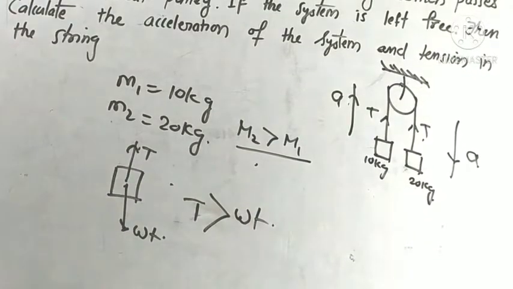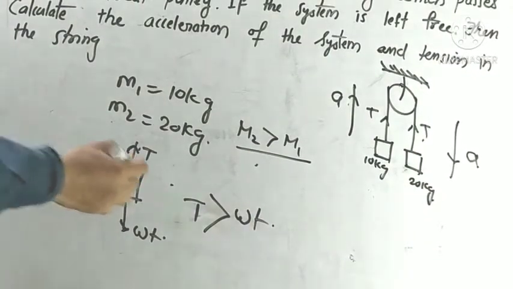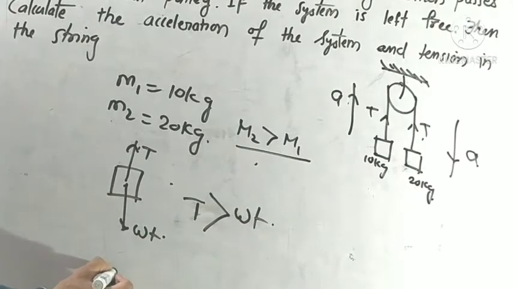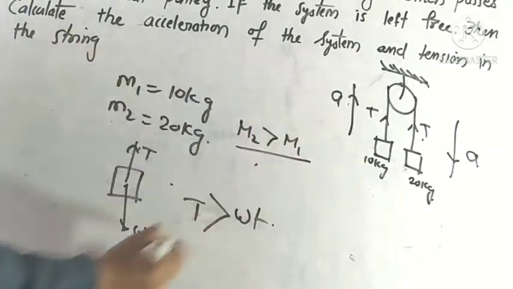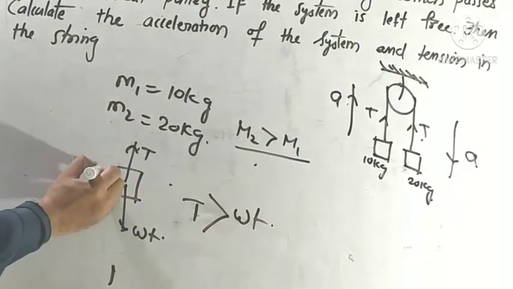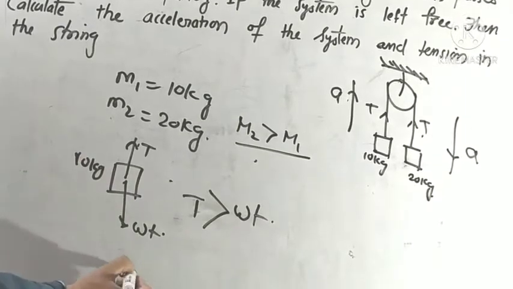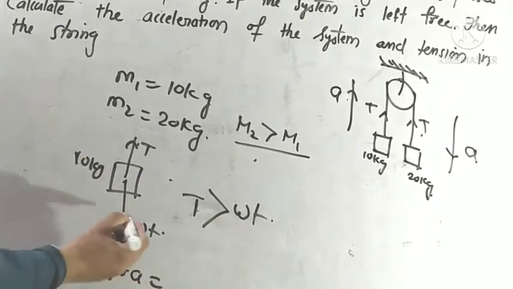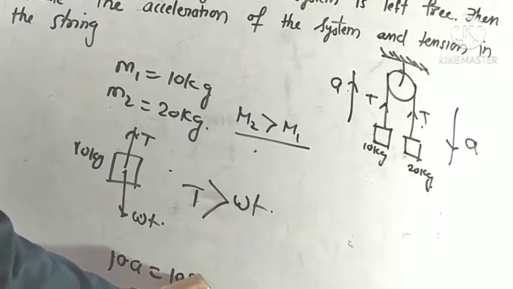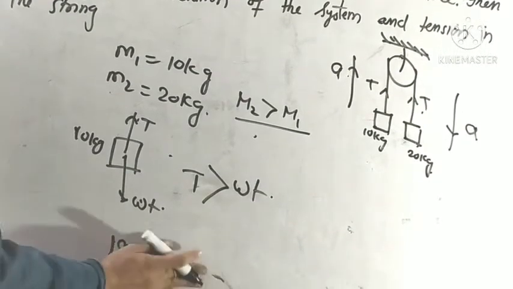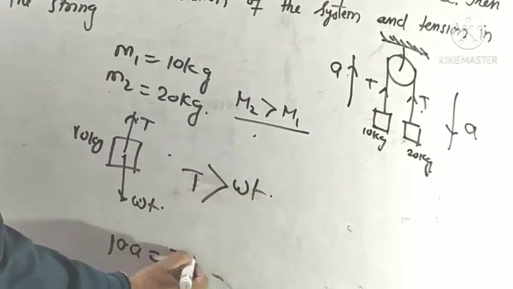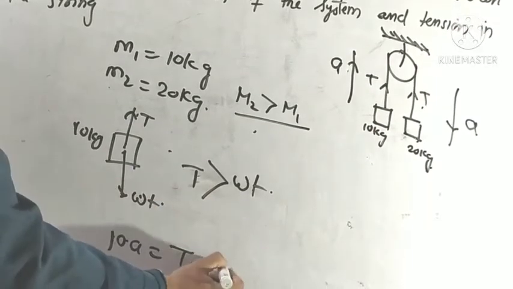So there will be a net force on this body, having mass 10 kg. So 10A is equal to T minus 10G, since T is greater than the weight.